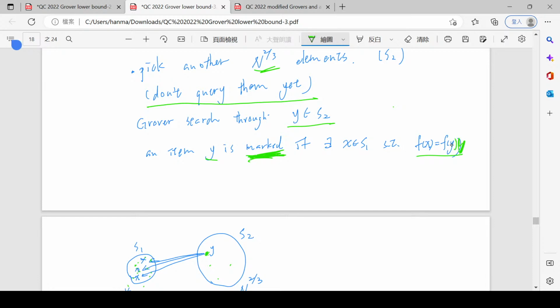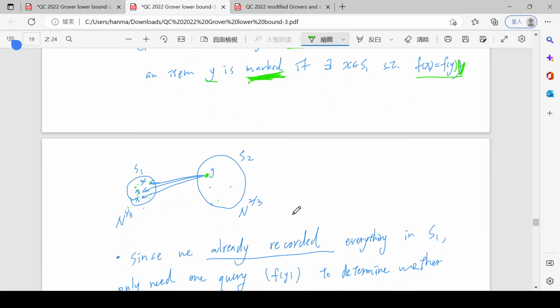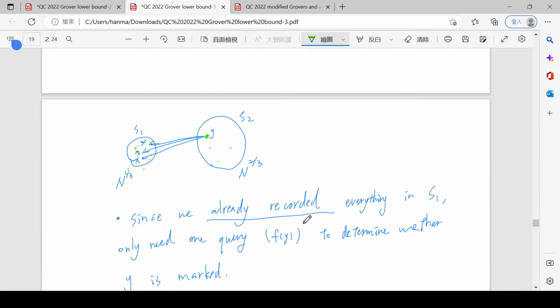f of x equals f of y. And this is what we do. Now you might think this is not very efficient, because for every y you need to compare many items inside S1. There are n to the 1/3 items. But there is a cool thing about query complexity: we already queried everything in S1.